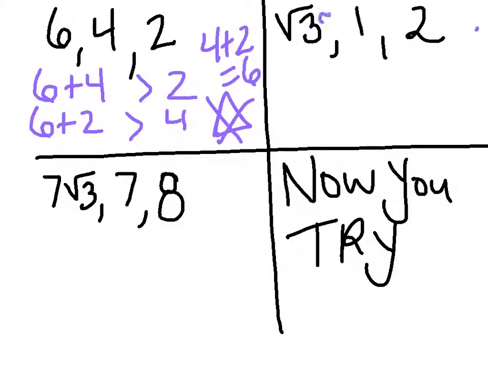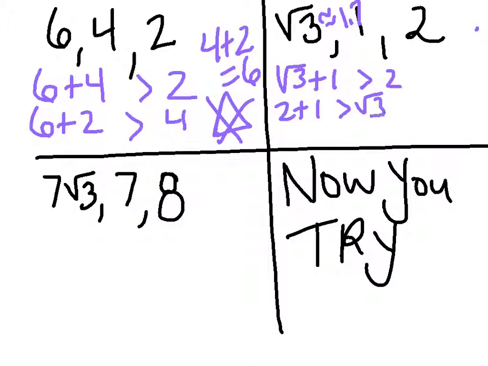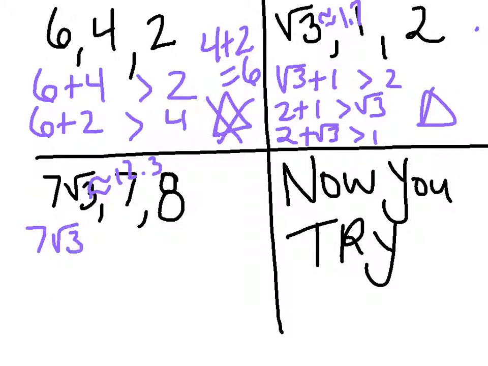Here I'll let you know that radical 3 is approximately 1.7, and so we have radical 3 plus 1. Yep, that's greater than 2. We have 2 plus 1. Greater than radical 3? Of course. And 2 plus radical 3, definitely greater than 1, so we have a triangle. 7 radical 3, well, that's approximately 12.3.